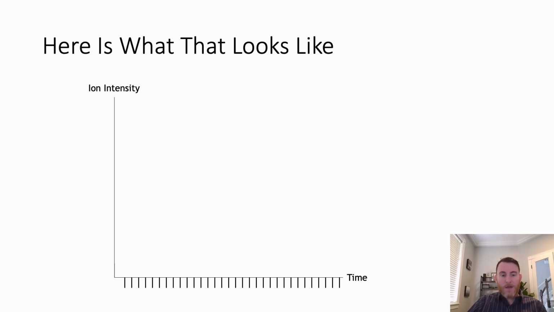First of all, you now have time on the x-axis and ion intensity on the y-axis. So you can think of this as a chromatogram. This is just now adding the layer of how mass spectrometry works. You can see these little teeth or these little time frames are specific. Each time frame is usually in the millisecond range itself.